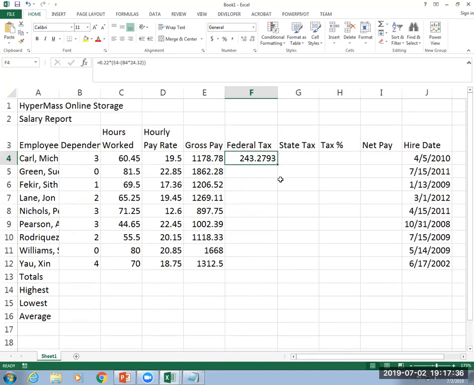So if you have a lot of kids, you'll go down to $0 in federal tax. Now, because I don't want to keep typing that same thing over and over again, I'm just going to fill handle it down.